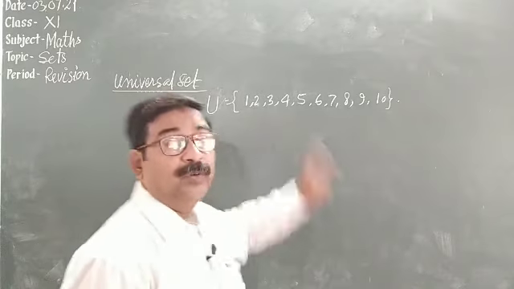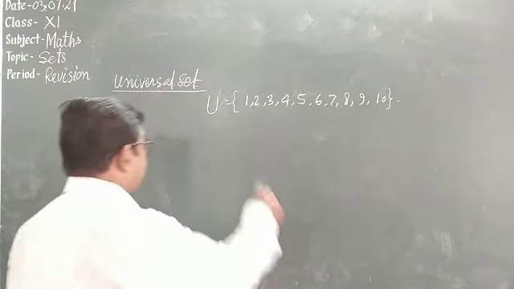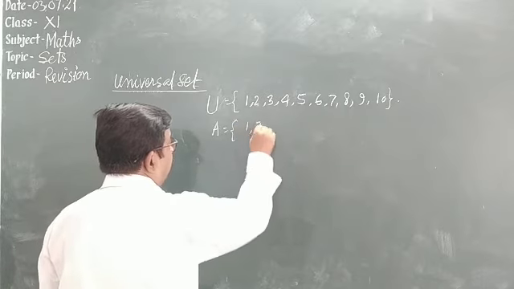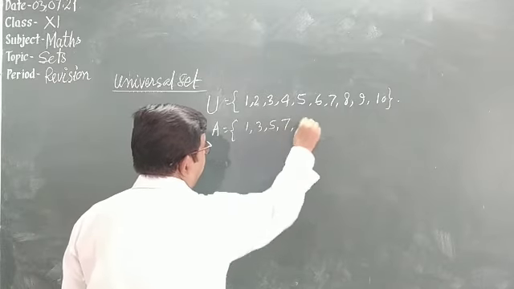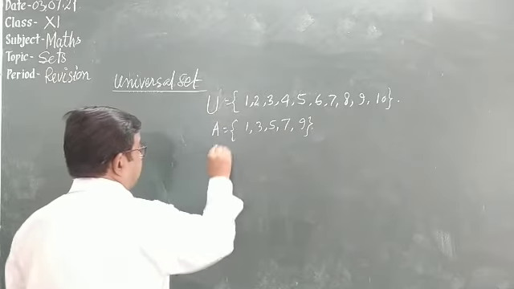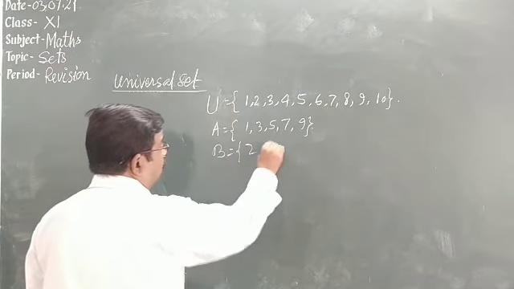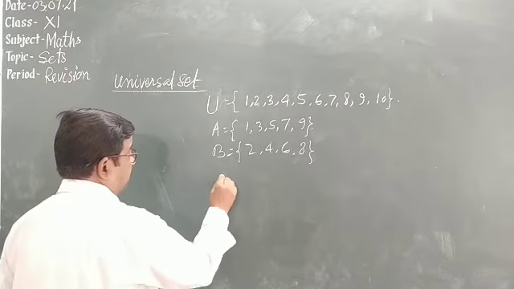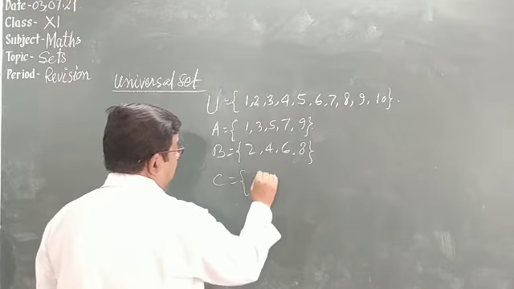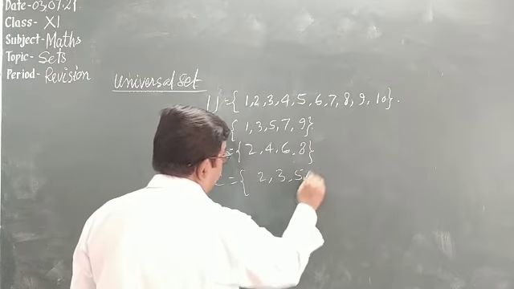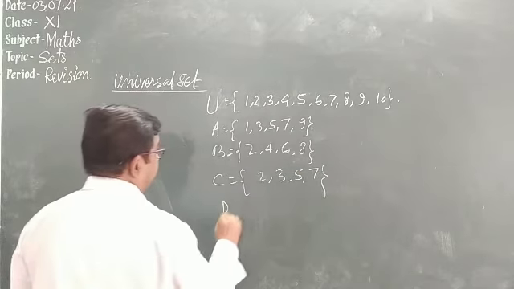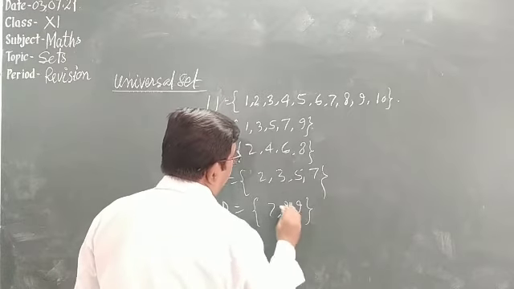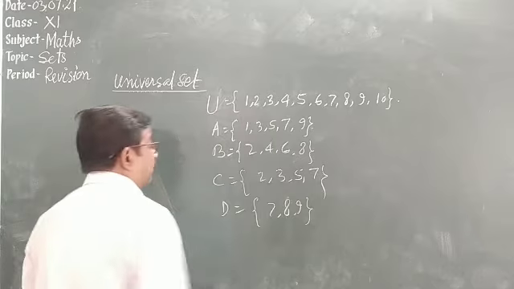Suppose we are taking a set A. It contains 1, 3, 5, 7, 9. We have a set B: 2, 4, 6, 8. We have a set C: 2, 3, 5, 7. A set D: 7, 8, 9. These are the examples.